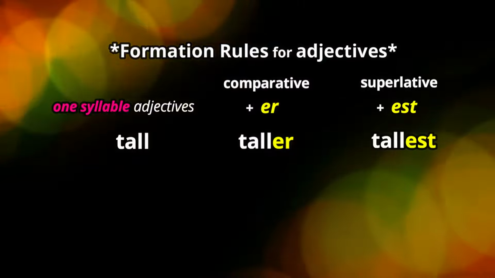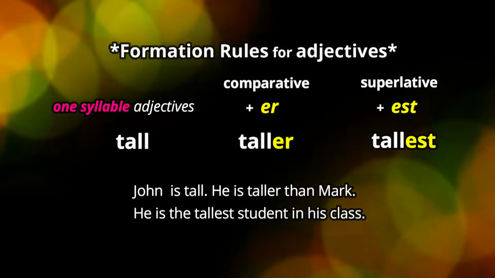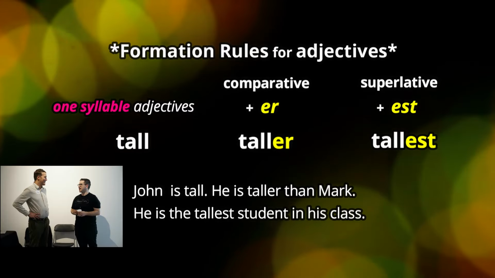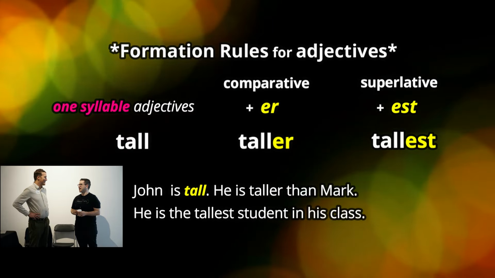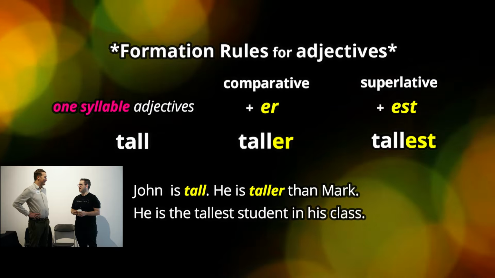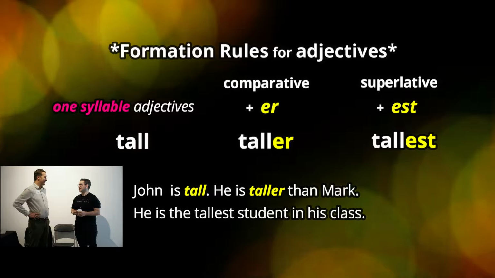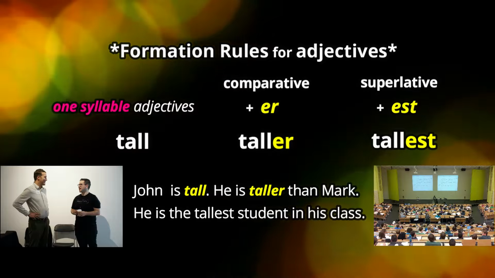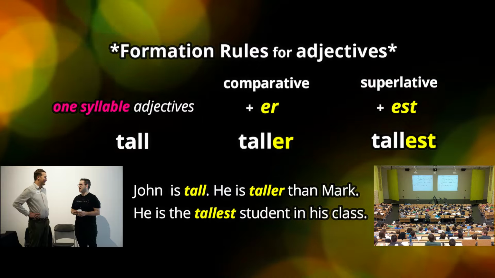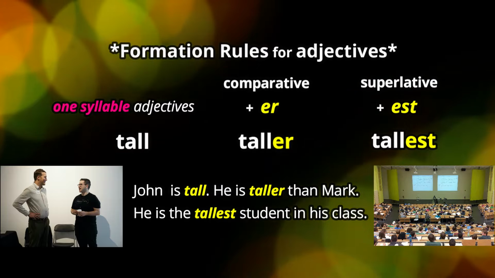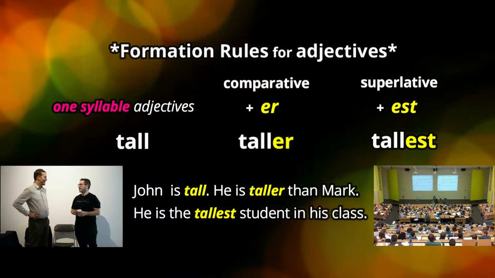Tall, I'll clap, tall. Now let's see how they're used in sentences. So first we have John is tall. That's just the adjective. Then we have the comparative. He is taller than Mark. So we are comparing John to Mark. And then we have he is the tallest student in his class. Then we have John being compared to the group, right? The students in his class.